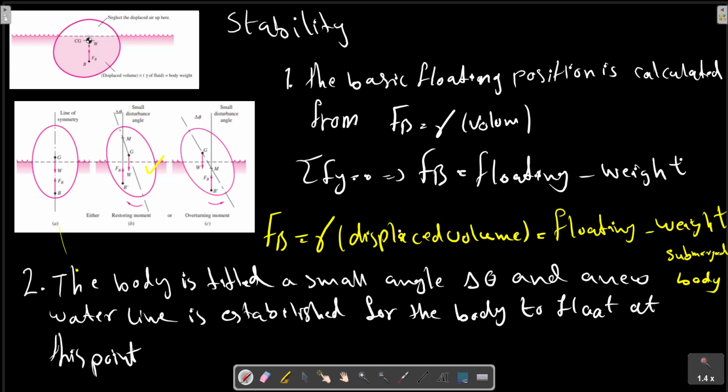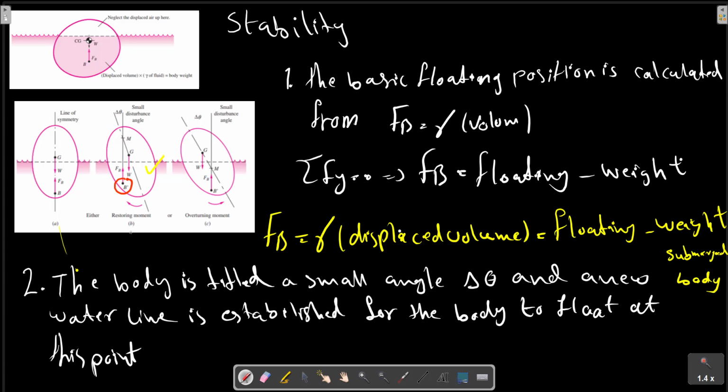The new position beta prime, as shown in this picture, is the buoyancy. The buoyancy is called the center of buoyancy.